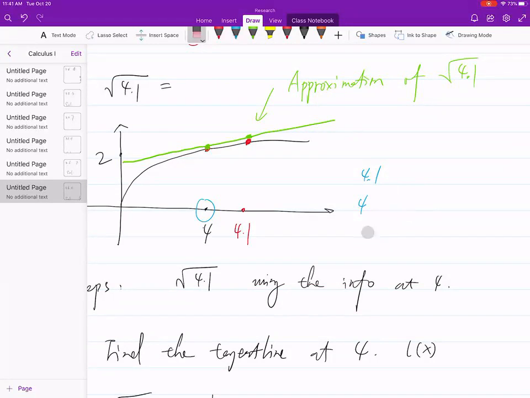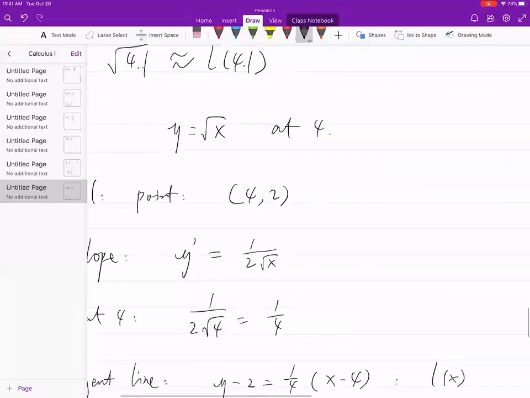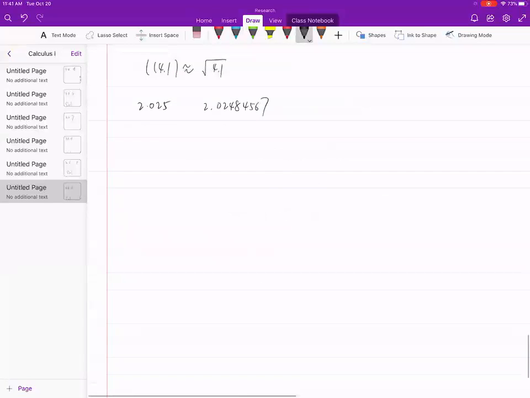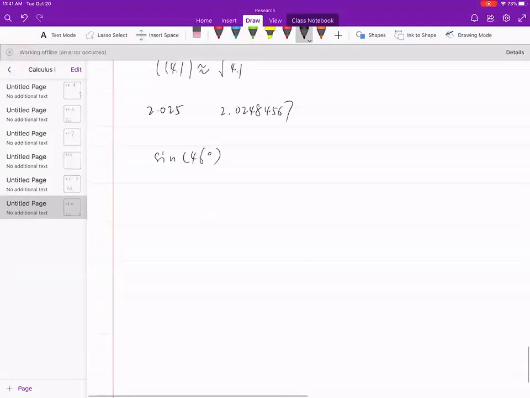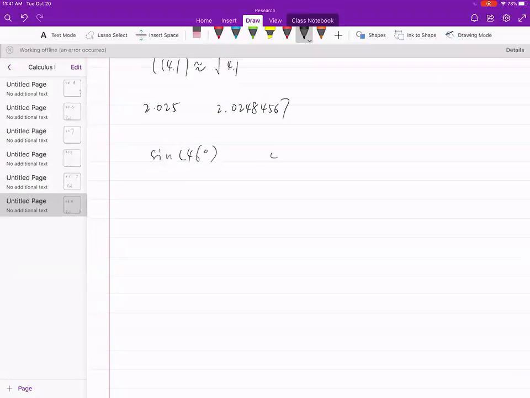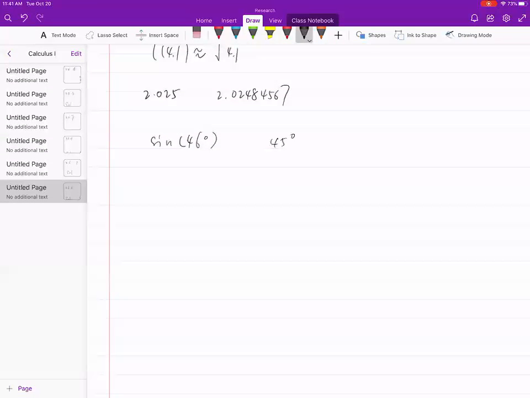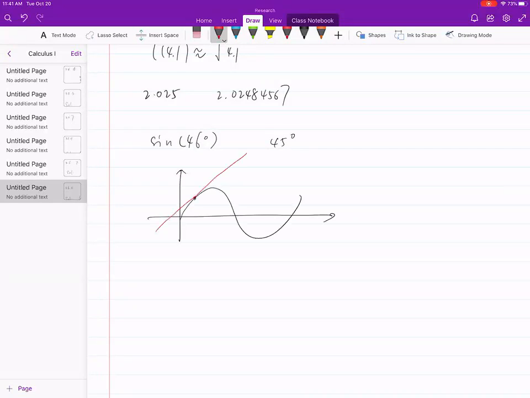All right. With the same idea, can you find sine 46 degrees? What do you think? Let's go with 45 degrees, and you're only 1 degree away. Still okay? Go to 45 degrees. What am I going to do? I'm going to draw this. This is 45. I'm going to draw a straight line here using all the information from 45, which I can do by taking the derivative, by the way.